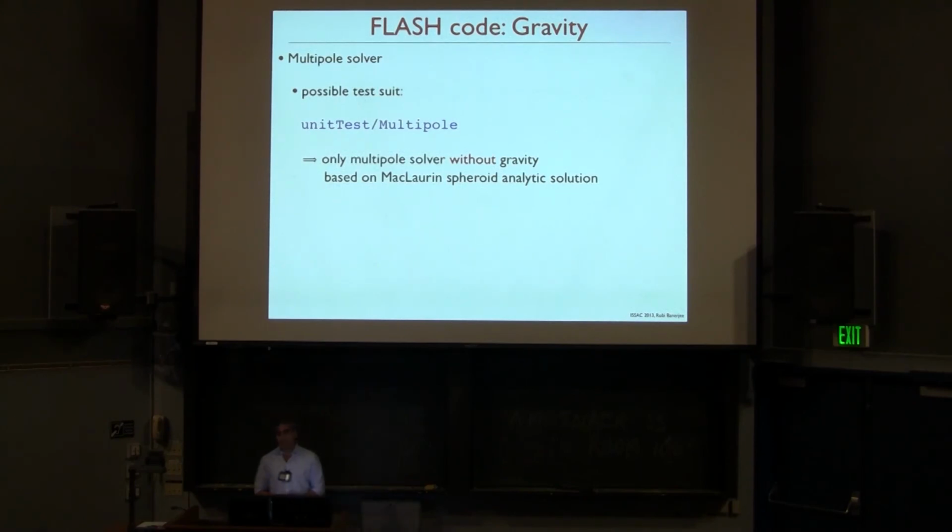Yeah, there's a test problem, and I encourage you to work this out, based on the Maclaurin spheroid setup. This is used because there's an analytic solution to this density distribution, essentially just a spheroid with constant density. And you can also switch off gravity, meaning you don't have to couple your result.